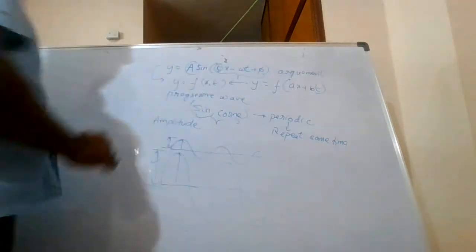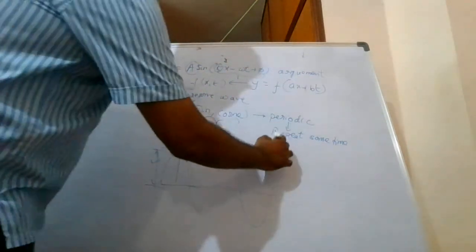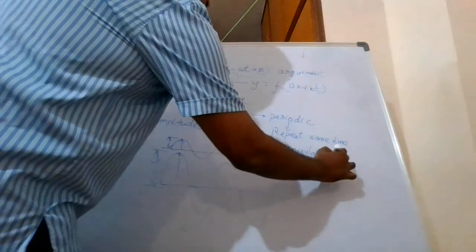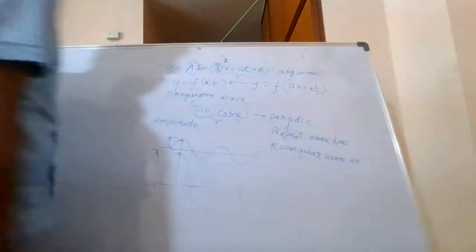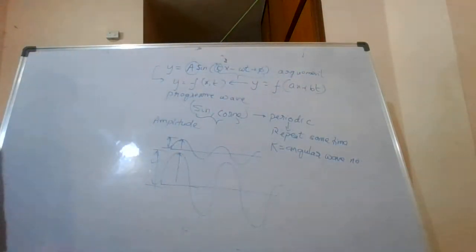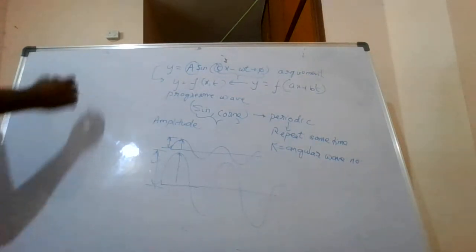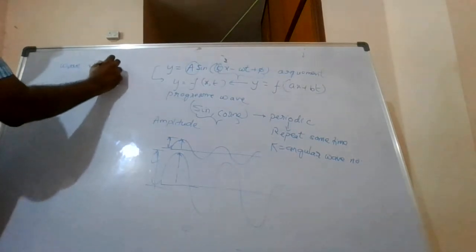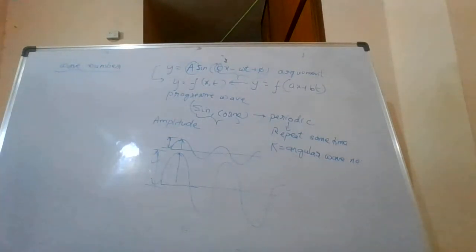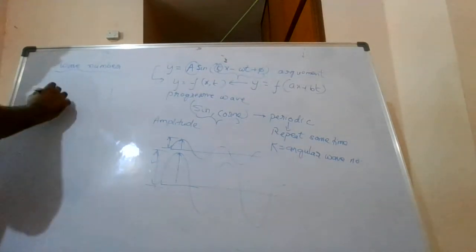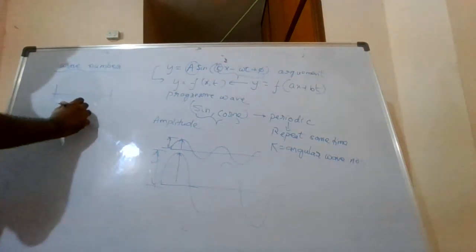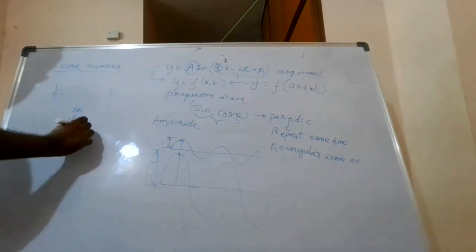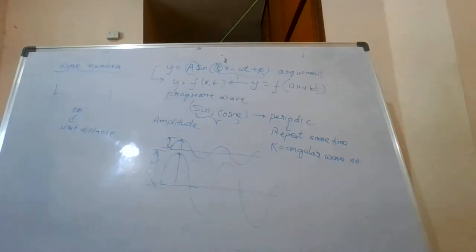Now you have got this k. Now k is called the angular wave number. First there are two terms here. You come across one wave number. Let us understand what a wave number is. Suppose I take a 1 meter distance, which is also called a unit distance, and I am studying a particular wave.